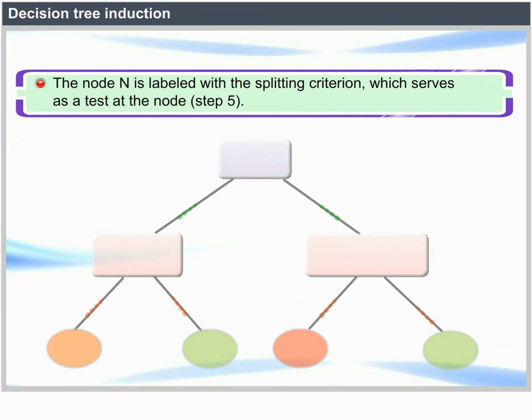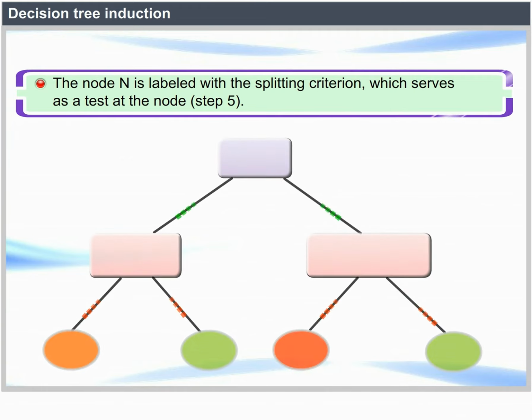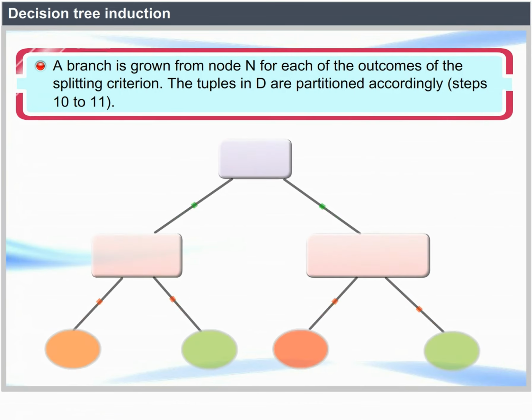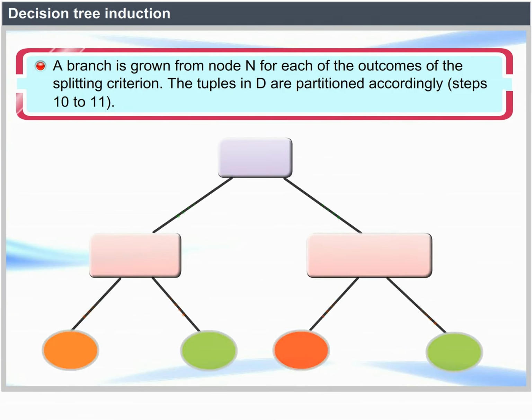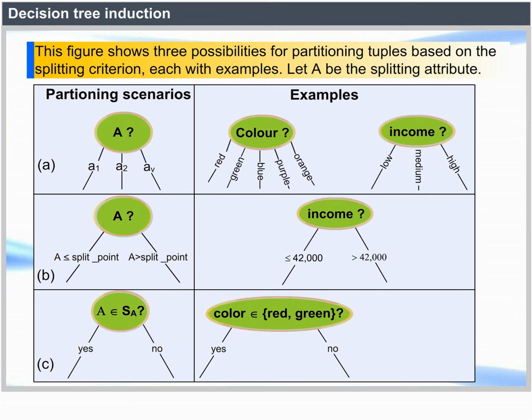The node n is labeled with the splitting criterion, which serves as a test at the node. Step 7. A branch is grown from node n for each of the outcomes of the splitting criterion. The tuples in D are partitioned accordingly. Steps 10 to 11. This figure shows 3 possibilities for partitioning tuples based on the splitting criterion, each with examples. Let A be the splitting attribute.